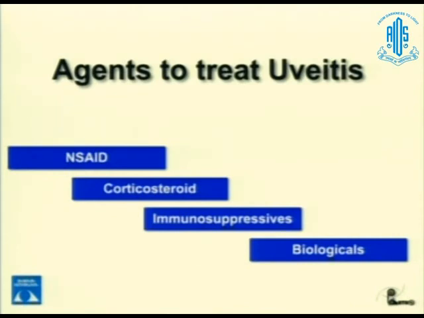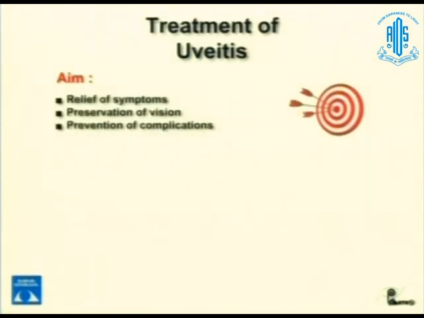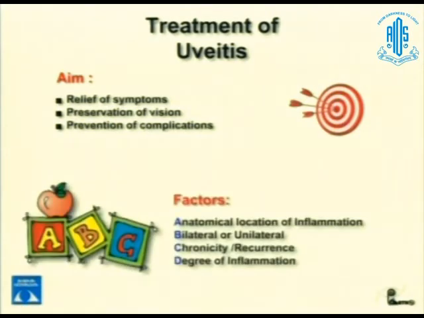We have various agents like NSAID, corticosteroid, immunosuppressives, and biologicals. The aim of uveitis treatment is relief of the symptoms, preservation of the vision, and prevention of the complications. The factors which modify it are the anatomical location of the inflammation, bilateral or unilateral laterality, whether the inflammation is chronic or recurrent, and the degree of inflammation.